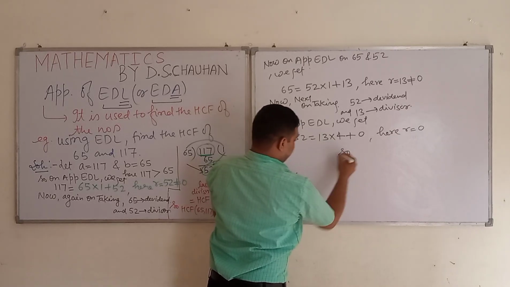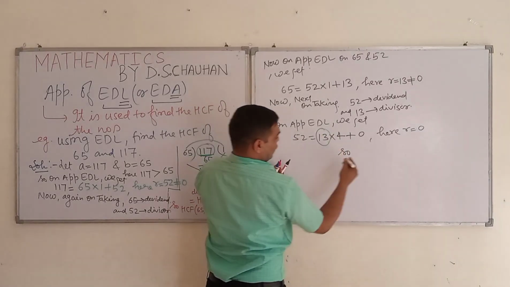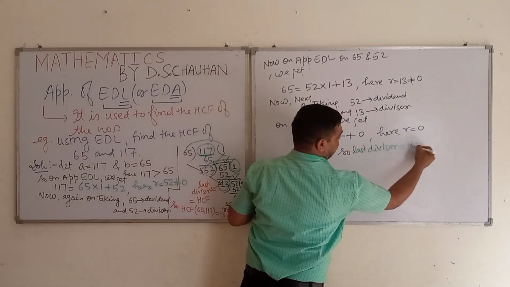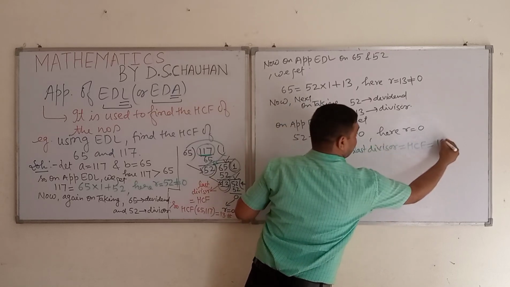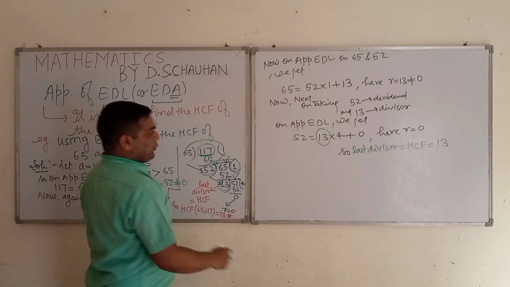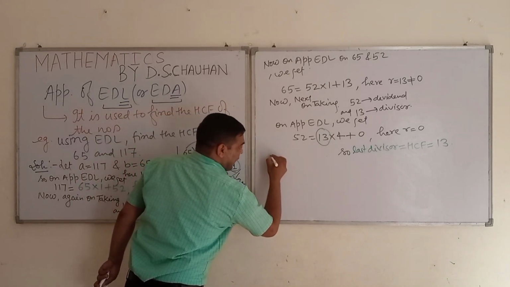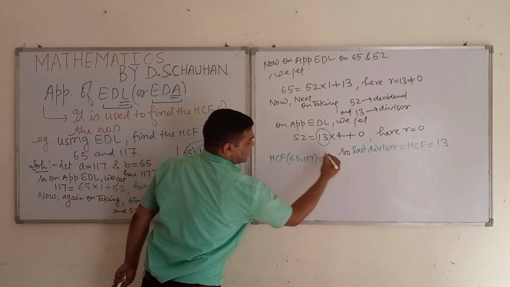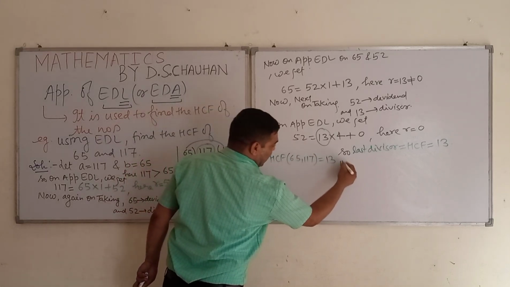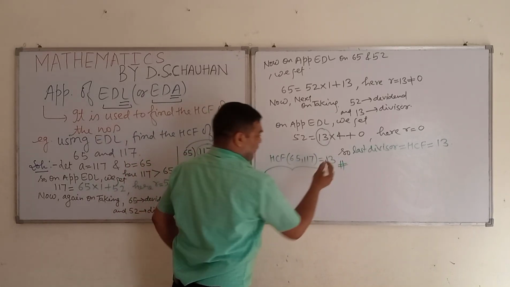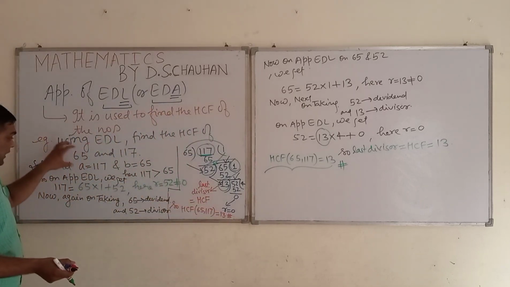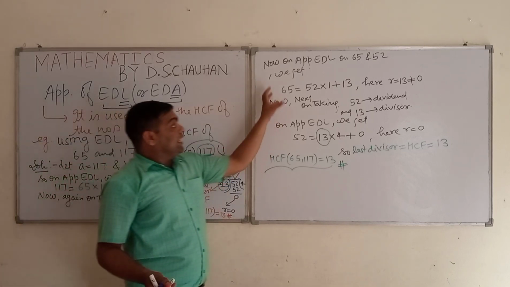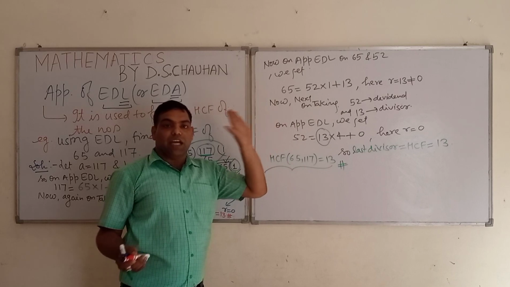So this is the last divisor, and the last divisor will be the HCF, which here is 13. In this way, students, HCF of 65 and 117 equals 13. With the help of Euclid division lemma, we find the HCF by writing this process. This is the clear cut way of writing in case of Euclid division lemma to find the HCF.